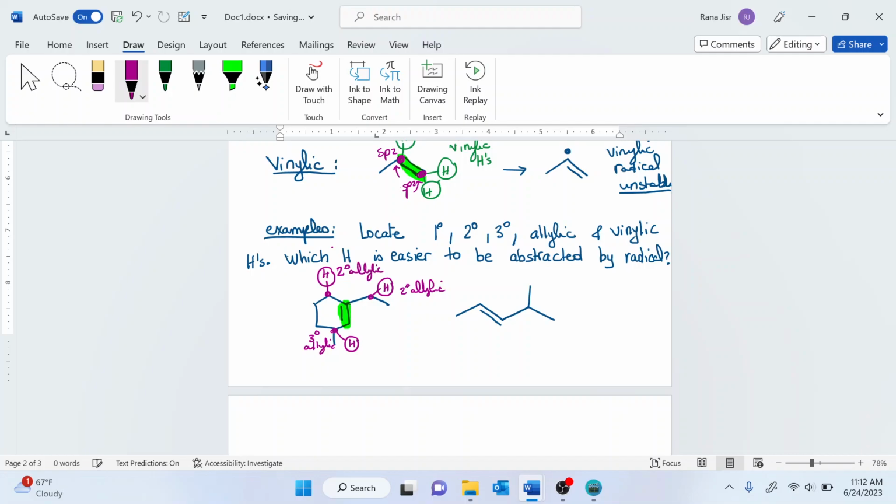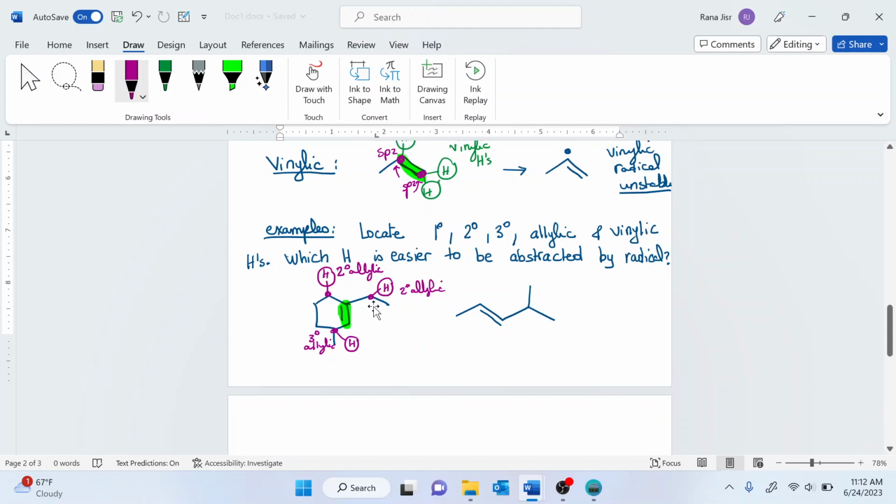Okay, so all of these allylic hydrogens have the possibility of being taken by a radical. In this chapter, we are going to study the reaction of radicals with the hydrogens and how radicals take the most stable hydrogen.